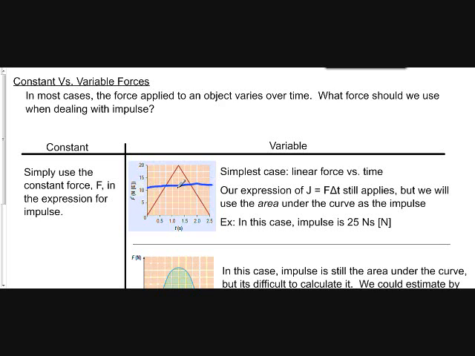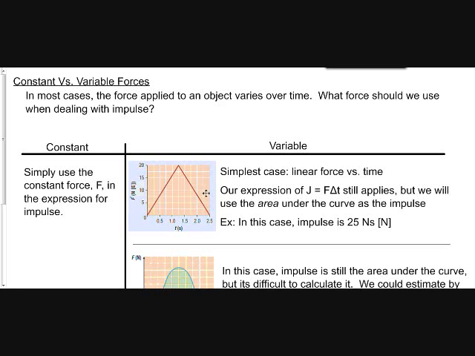F delta t would just be the force, which is the distance up here, times the time, which is the distance across here. So F delta t, that's the height times the length, that's the area of a triangle or a rectangle. And so we can do that in general and say that the impulse is just the area under the curve.